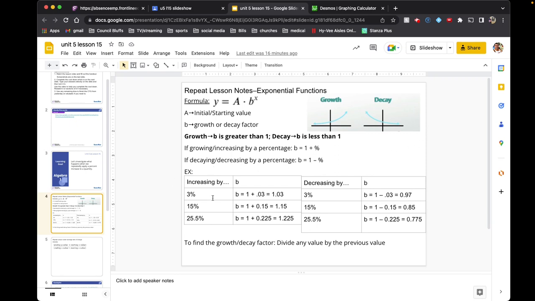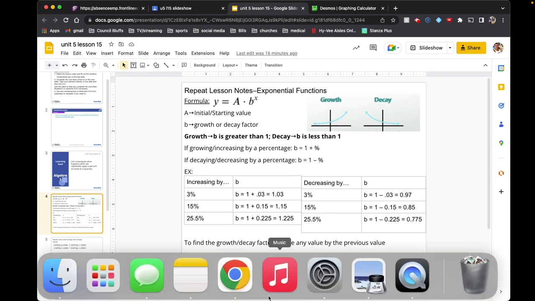Okay. So, I gave an example here. If I was, say, increasing by 3%, 3% is 0.03. So my second number, my B value, the growth factor, whatever you want to call it, would be 1.03. If I was increasing, say, by 15%, 15% is 0.15, my growth factor would be 1.15.